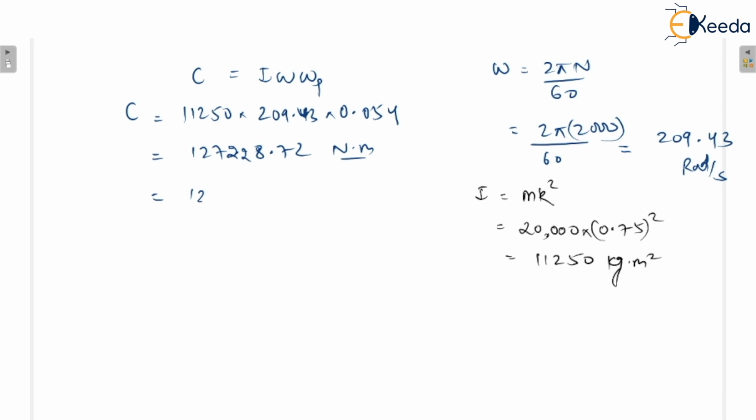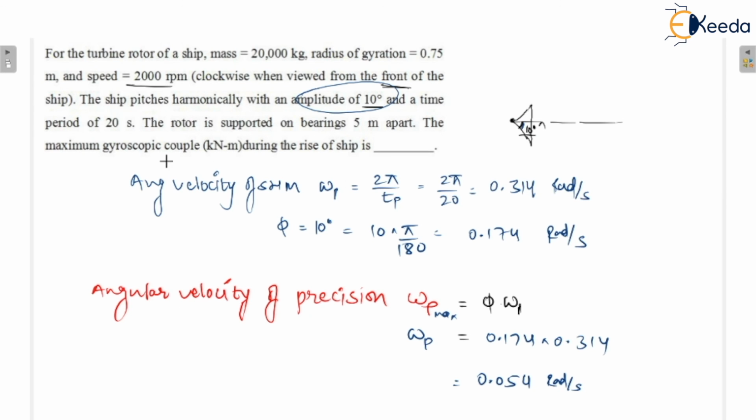You can convert it into kilonewton meter. So 127.22 kilonewton meter would be the maximum gyroscopic couple, because in the question it is asking in kilonewton meter. So I hope you will understand the solution of that question. Thank you.